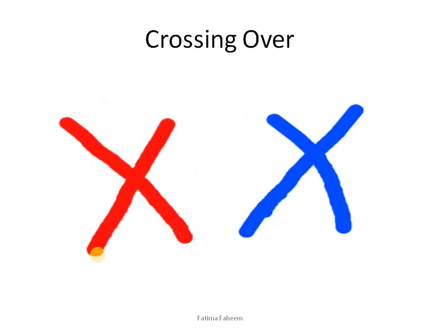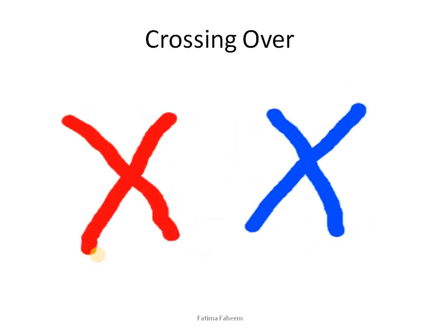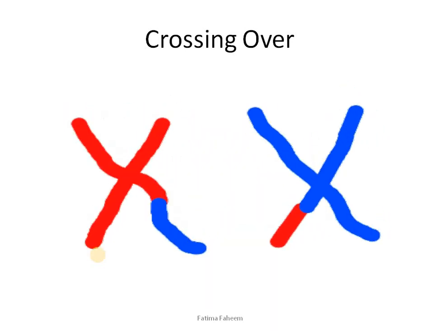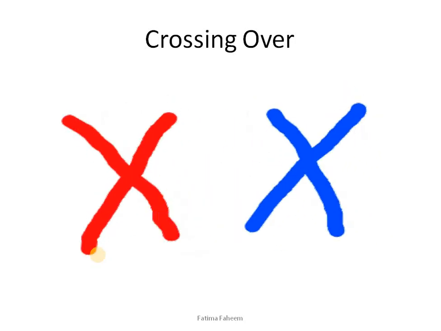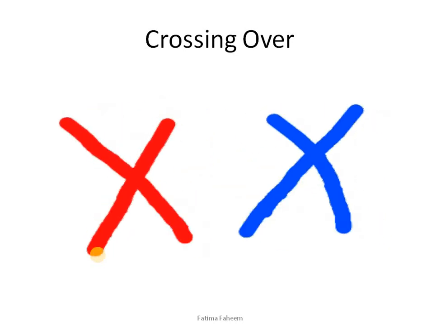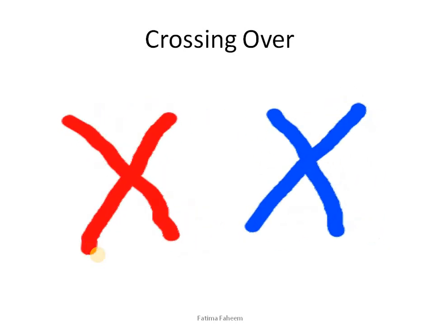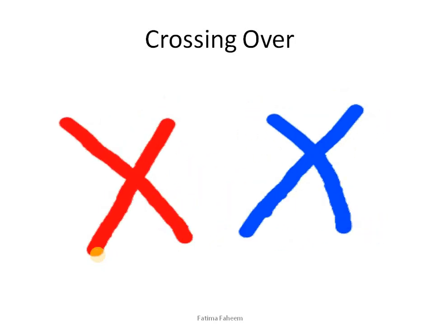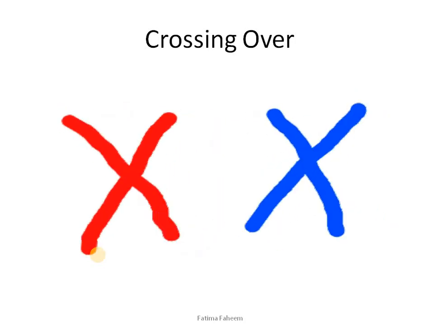Here, I have tried to explain this process by giving 2 different colors to the chromosomes, and when they cross over and then separate, they exchange genetic material. Some part of the red is going onto the blue and some part of the blue is going onto the red, showing that the exchange of genetic material is taking place.